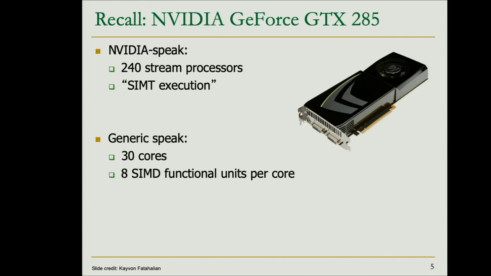We will talk a little bit more about the different architectures later over the lecture, but this is one of these first GPUs that were capable of doing general purpose processing. In NVIDIA speak, this has 240 stream processors, and this is SIMT execution.